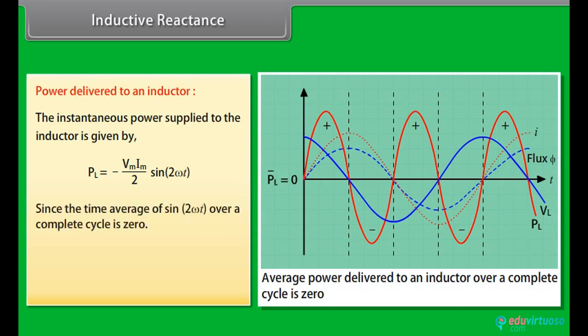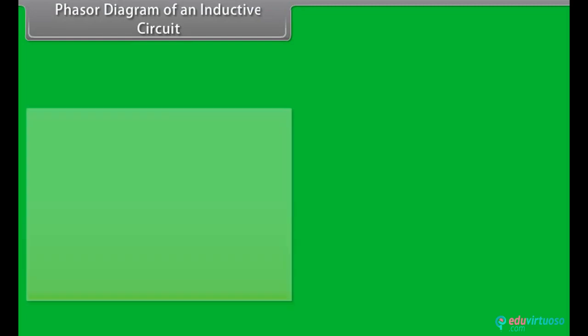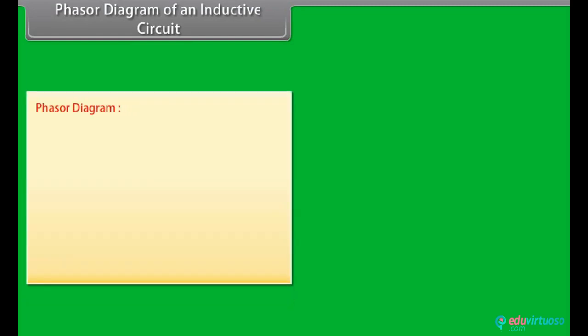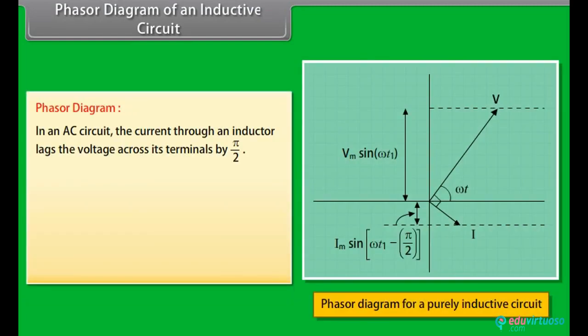Since the time average of sin 2 omega t over a complete cycle is 0, therefore, inductor power is equal to 0. Phasor diagram of an inductive circuit. In an AC circuit, the current through an inductor lags the voltage across its terminals by pi by 2.